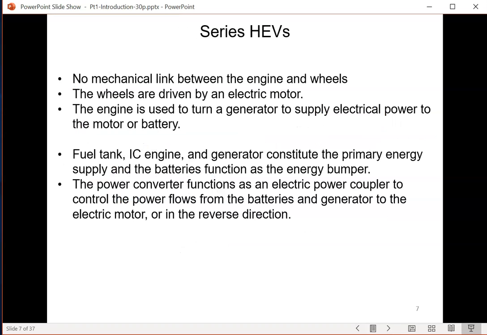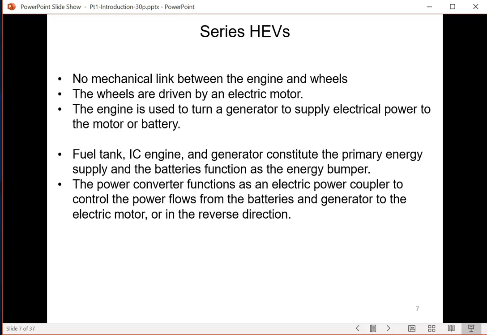Now, as you can see from the previous diagram, there are some fairly typical characteristics of series hybrid electric vehicles. There's no mechanical connection between the engine and wheels, because everything is converted into electrical energy. The wheels are driven by an electric motor.